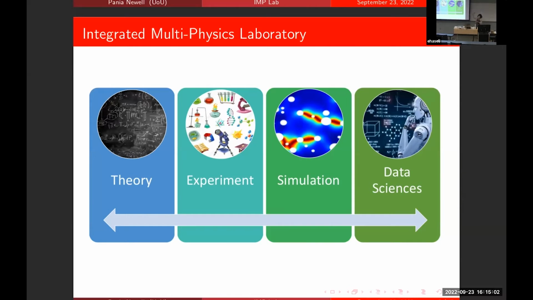But the name of my lab is Integrated Multi-Physics Lab, basically integrating across these four thrust areas. And multi-physics is because, yeah, mechanics is very exciting, but when you look at the world, everything is kind of coupled. All these physics, they are coupled, and I like the excitement of dealing with the scales, both temporal and spatial scales.